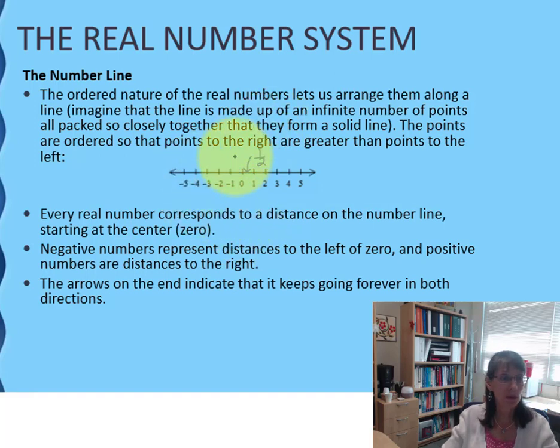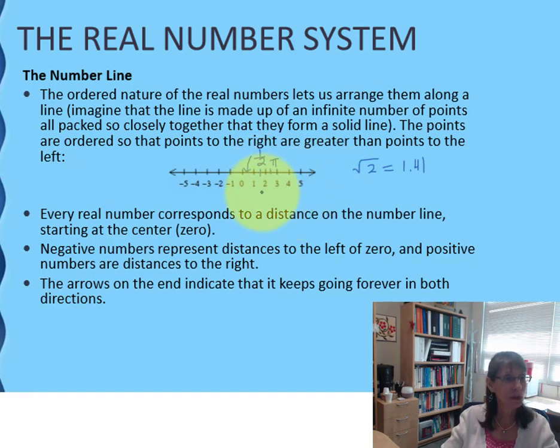Pi is just a little more than 3, 3.14. So somewhere between 3 and 4, I'm going to find pi. That is an irrational number. We know that. Square root of 2 we have discussed. And it's about 1.41. So again, that is somewhere in between 1 and 2.